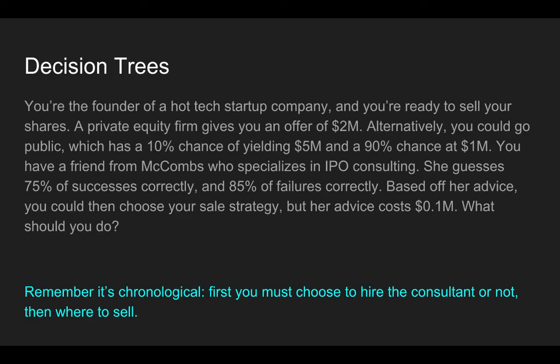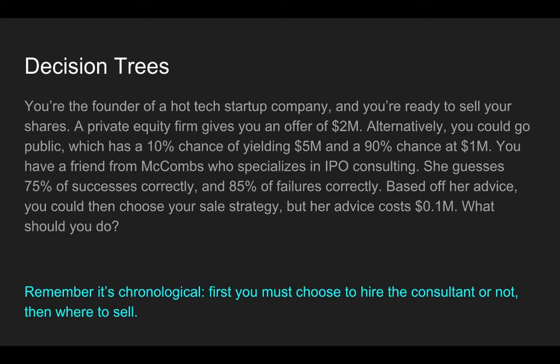All right, that's pretty standard for these problems. And then I threw in a, I don't know if I would call it tricky, but a slightly different way of phrasing it. What does it mean if she forecasts 85% of failures correctly? What probability is that describing? This is the probability of not forecasting success, given that it is not successful.